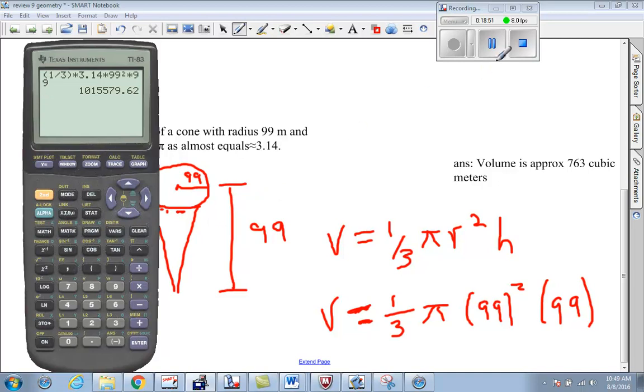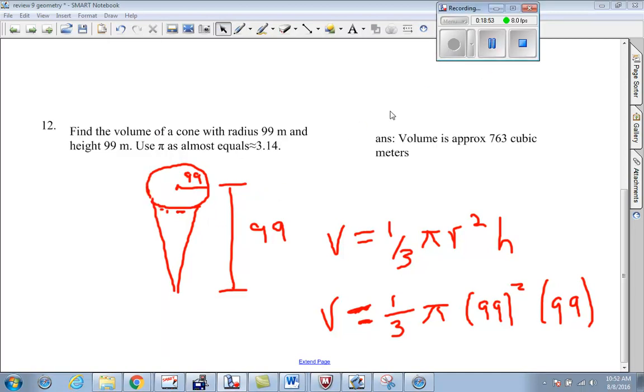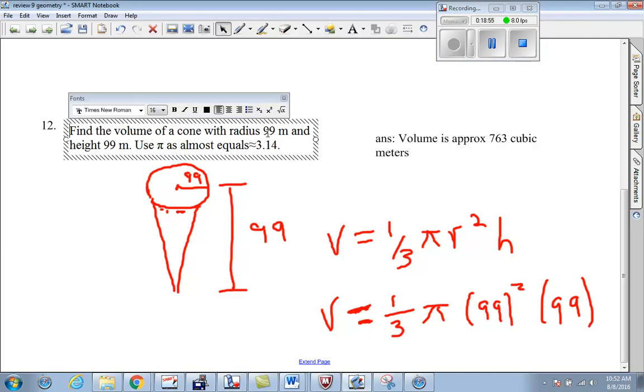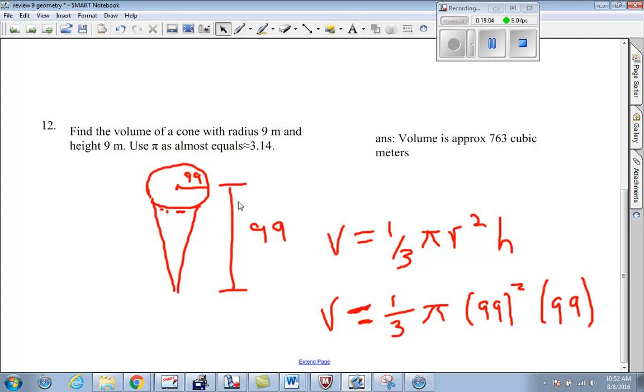Let me hit pause there. Ha, I apologize. I just realized that I had a typo. It should have been radius 9 meters and height 9 meters. So let's just adjust that. Sorry for that last one. Just adjust the numbers. It's the same concept. So this shouldn't have been 99. It should have just been 9.